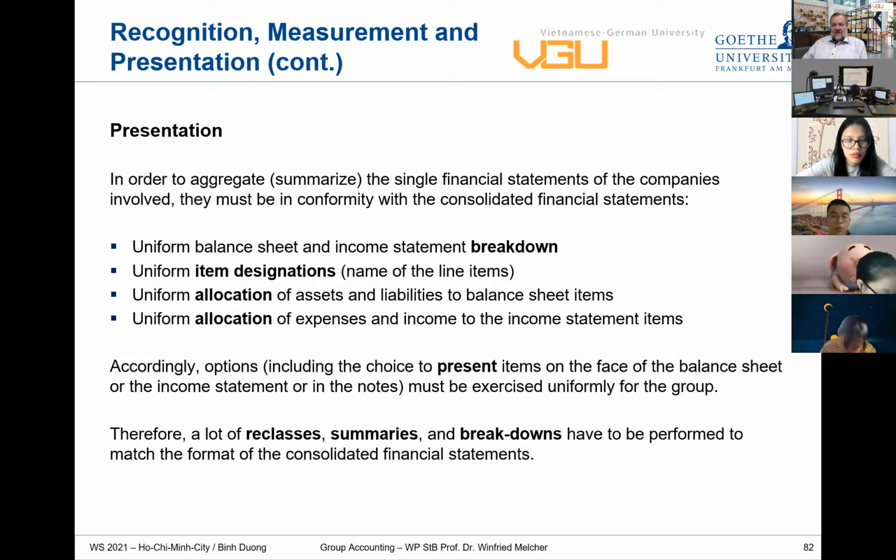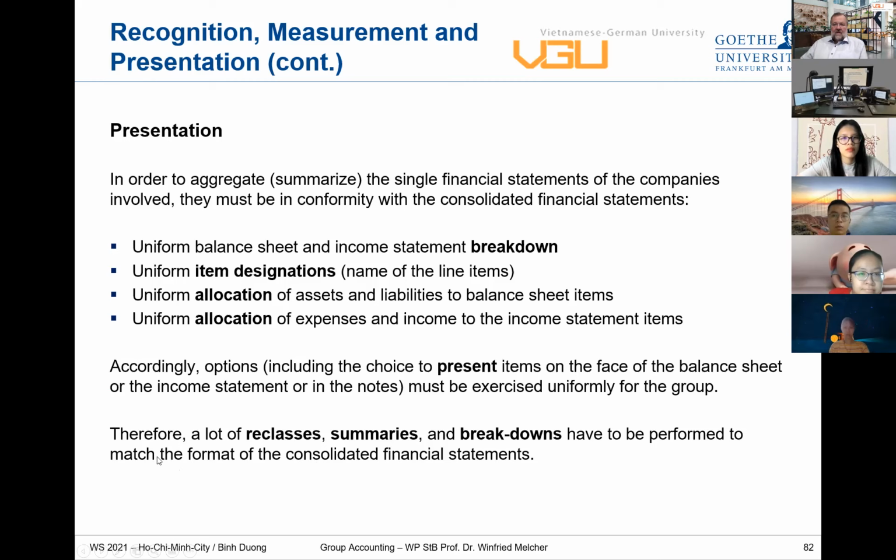So that is also a question of the consolidation handbook, because in there the group, the parent, will define which option will be exercised how when there is an option under IFRS. So recognition, measurement, and presentation should be the same.